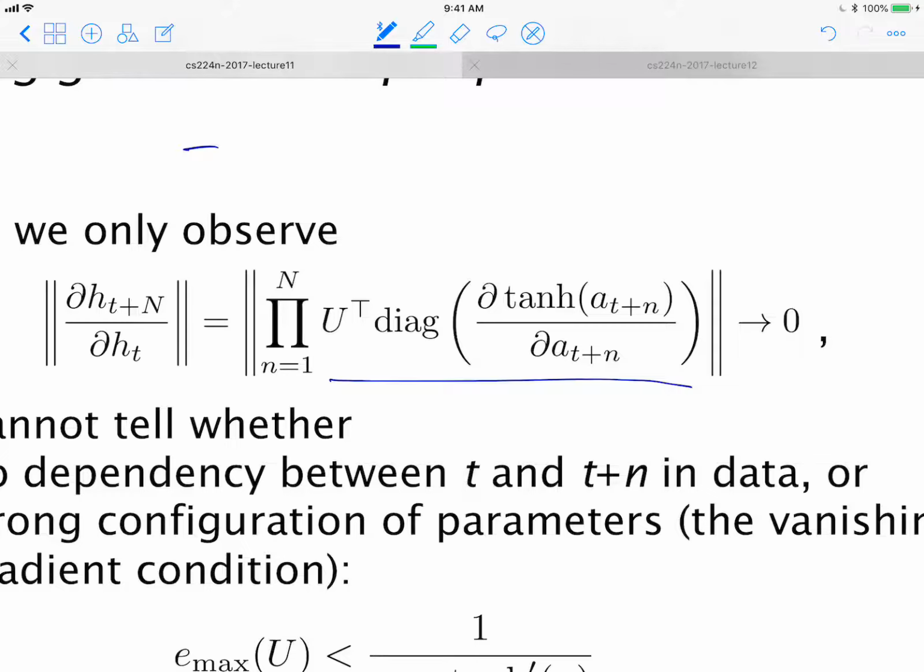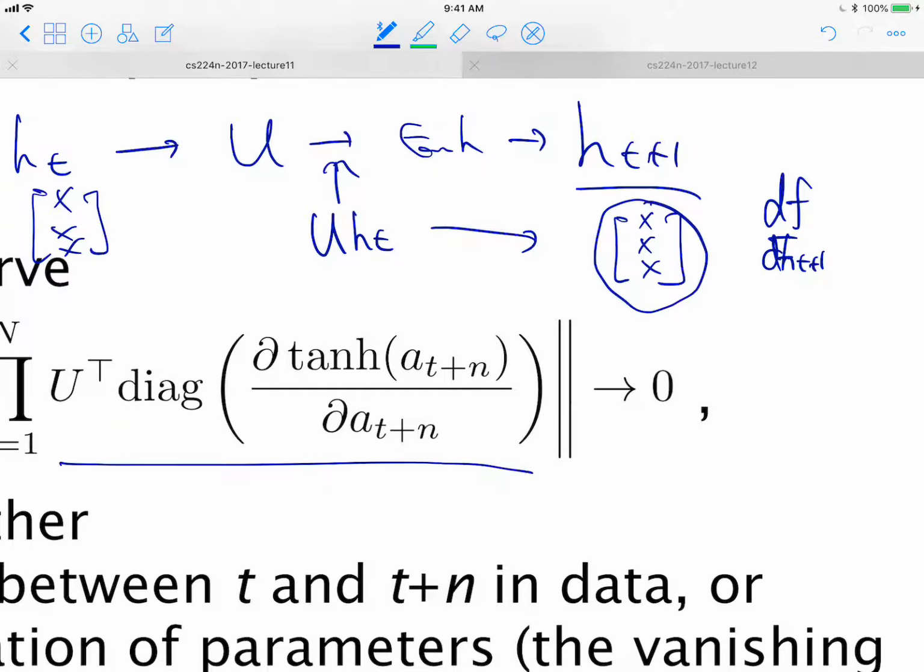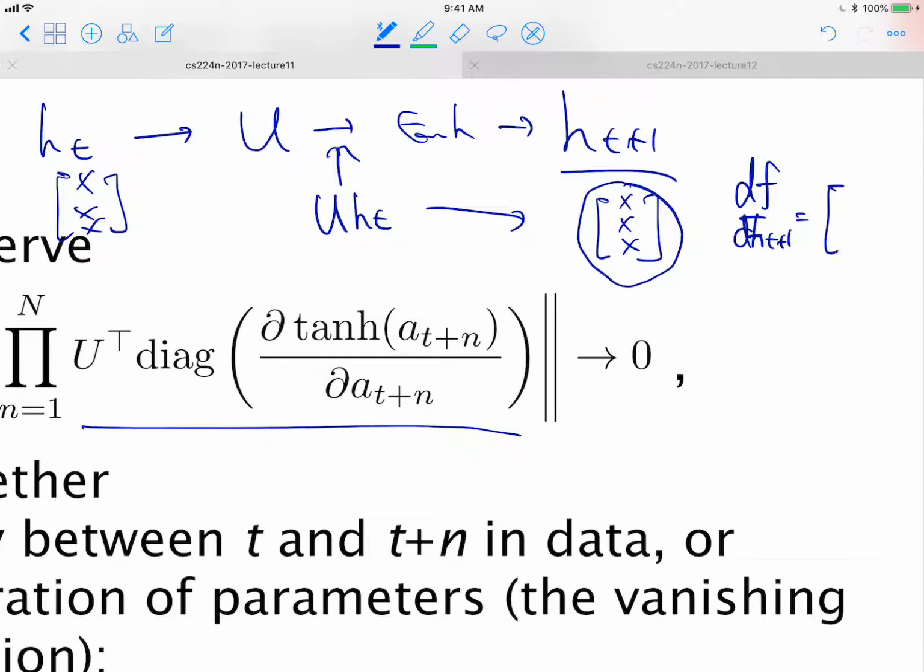So let's think about the gradient vector dh t plus 1 and df. Okay, so it is this three-dimensional vector that is associated with each of these dimensions, and these values are multiplied first with the slope at that corresponding activation value in the tanh graph, right?